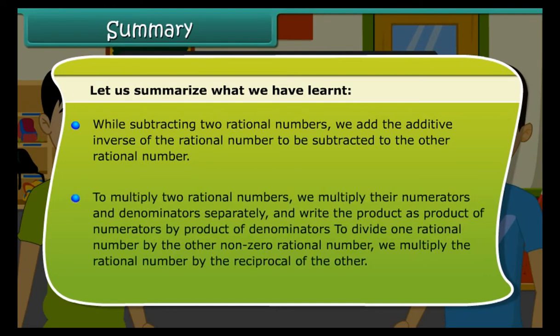To multiply two rational numbers, we multiply their numerators and denominators separately and write the product as product of numerators by product of denominators. To divide one rational number by the other non-zero rational number, we multiply the rational number by the reciprocal of the other.